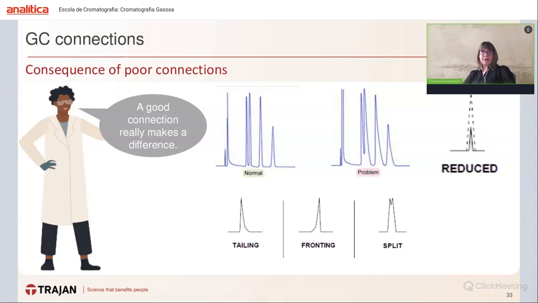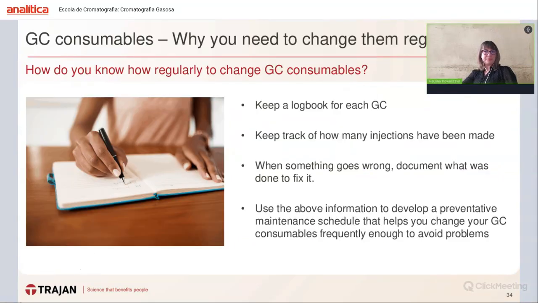But with the columns, if the issue is coming from the degradation of the column, the change will be gradual. So we will not see this straight away, but over a period of time.